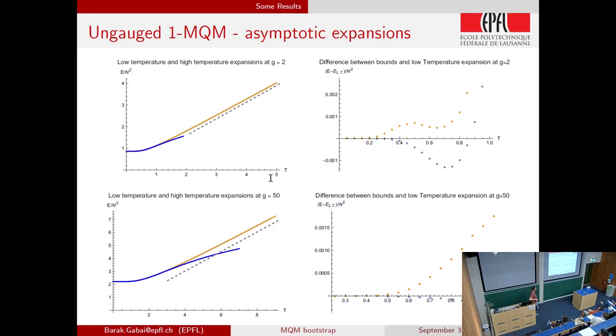It's just that you're not at high enough temperature. The numerical problem becomes harder for the SDP solver. Okay, but you do think the bootstrap is converged in the plots you're showing us. You don't think that yellow line would change too much. In all of these plots I'm showing you both the lower bound and the upper bound. The orange thing is both the lower bound and the upper bound. Okay. So they are right on top of each other.